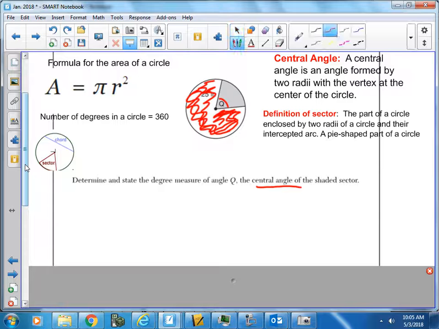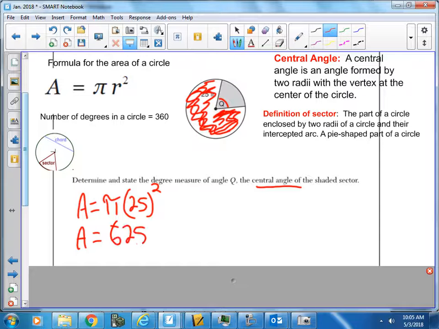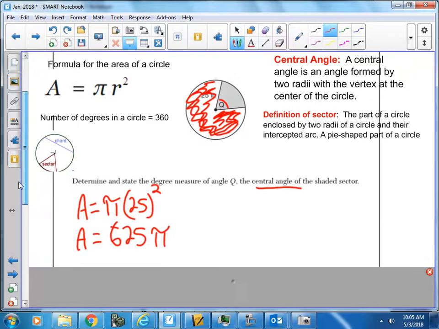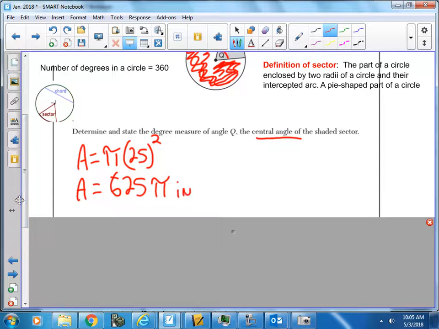So let's go ahead and do that. The area formula is pi r squared, so it's going to be pi times 25 squared. And the area is going to be 625 pi inches squared, right? Okay.